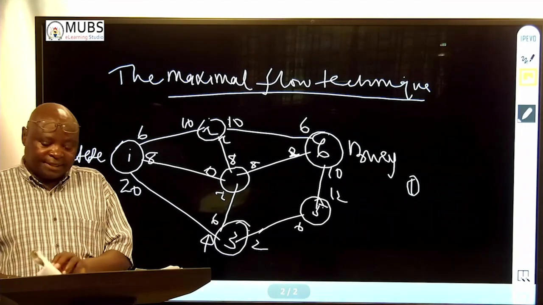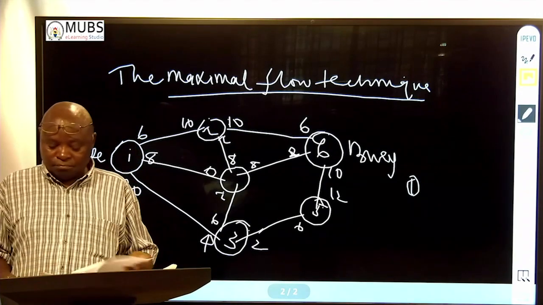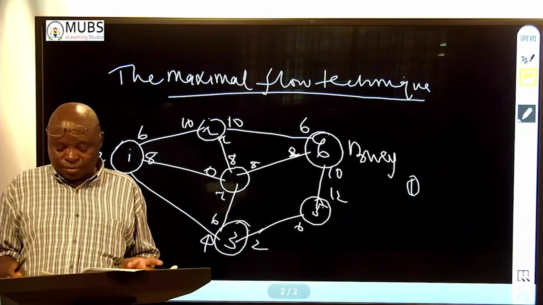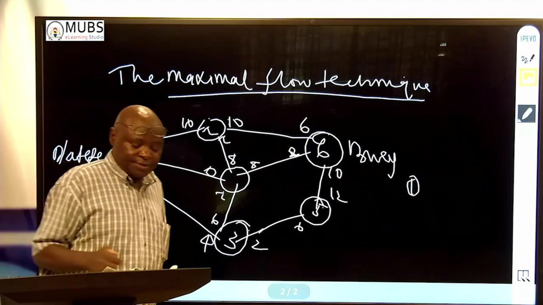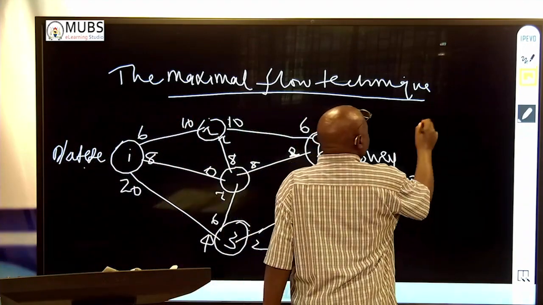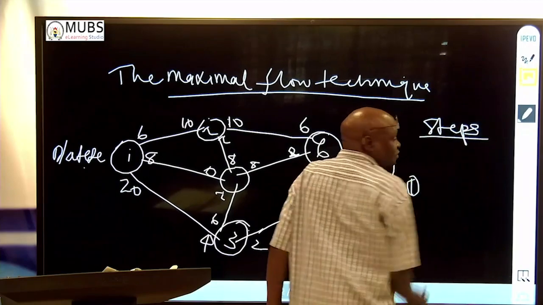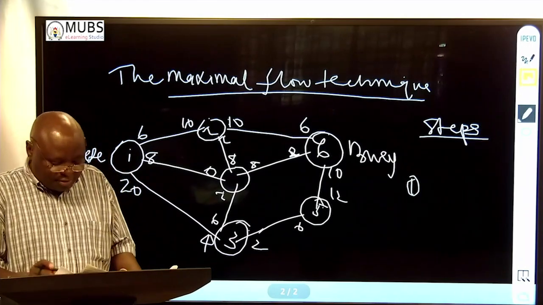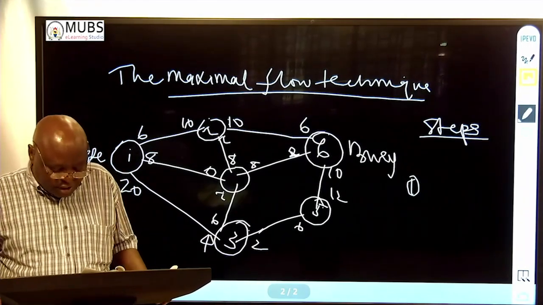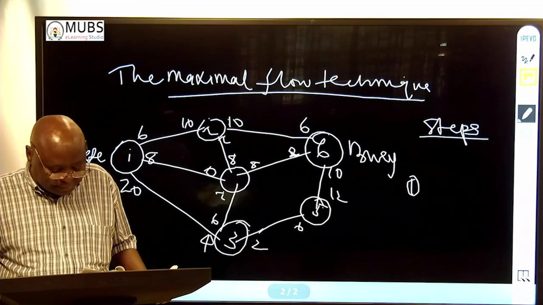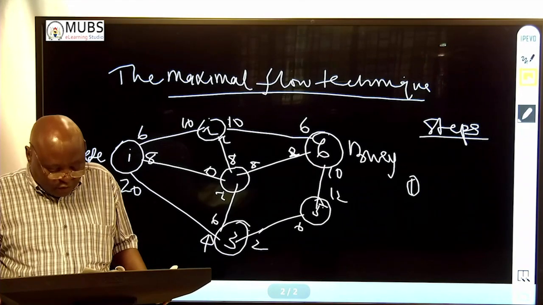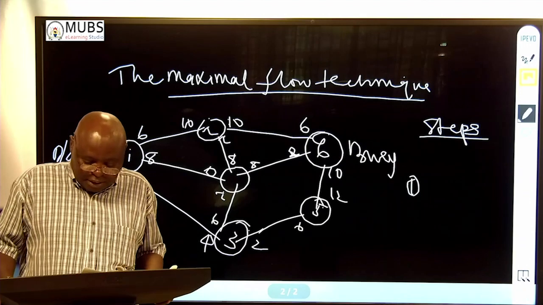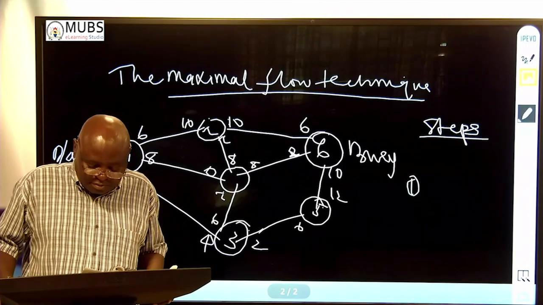So according to this technique, the steps to get the solution are as follows. 1, pick any path or any route with some flow of cars. 2, increase the flow of cars as much as possible.